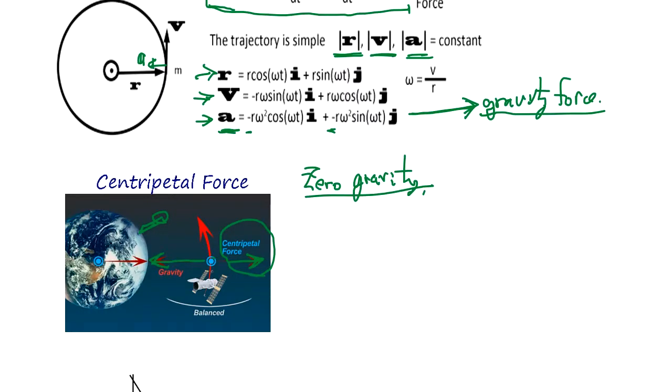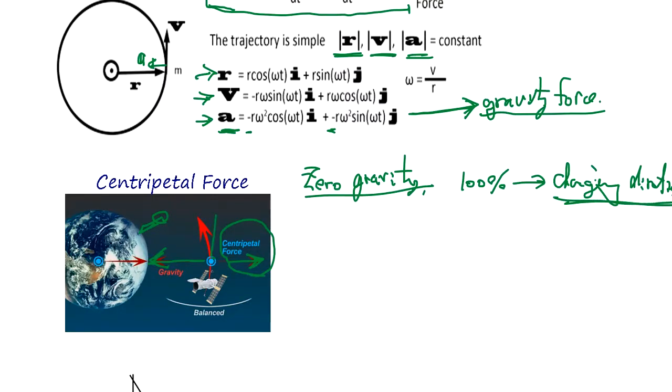Okay, and we talk about this. 100% of the gravity force is used for changing the direction of the satellite. So it's not moving toward the Earth, but it's changing the direction.